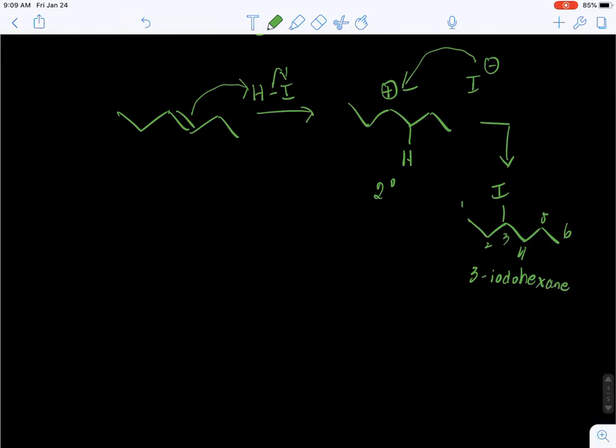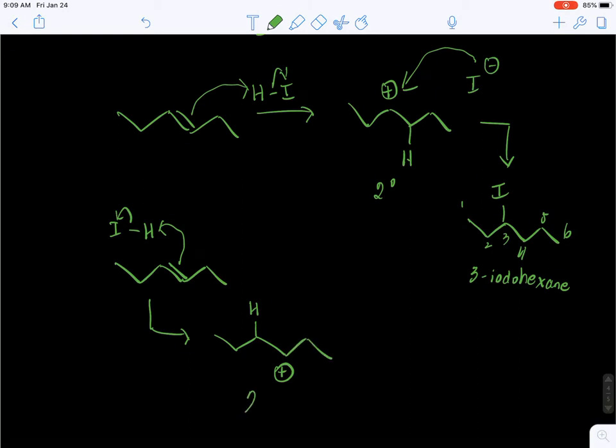Now let's see what happens if we attack the other carbon. So let me draw my hydrogen iodide this way, and I'll draw the arrow sweeping to the left. From this mechanism, what we'll try to do is deliver the hydrogen to the left carbon of the alkene, and we have a positive carbocation on the right carbon, and that's also secondary.